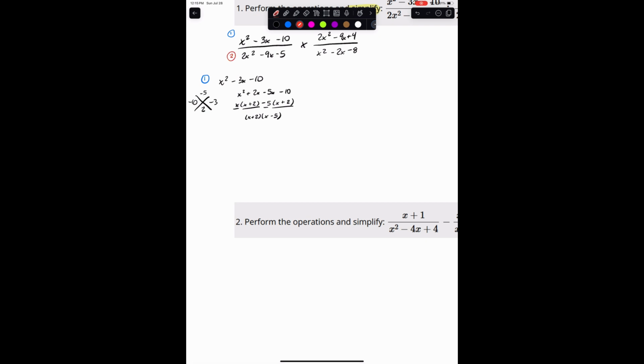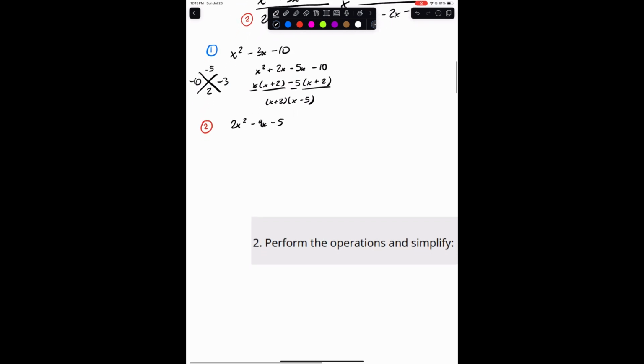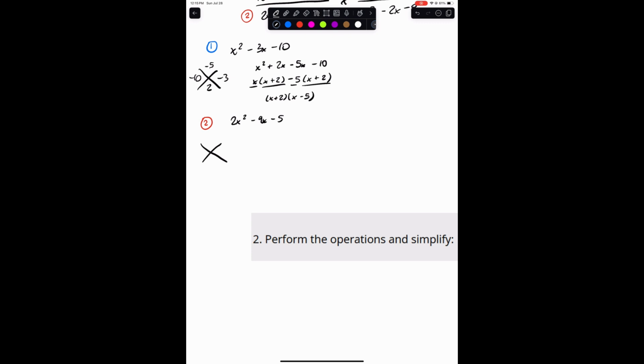Our denominator, same process. We have 2x squared minus 9x minus 5. We're looking for two numbers that multiply to negative 10 and add up to negative 9. That's negative 10, positive 1. We can rewrite as 2x squared plus x minus 10x minus 5.